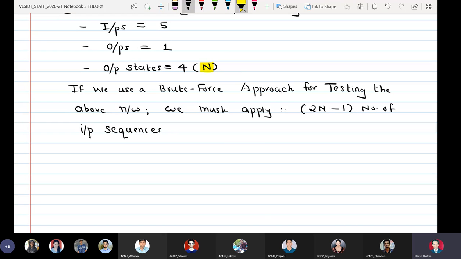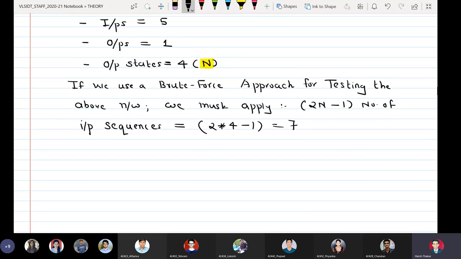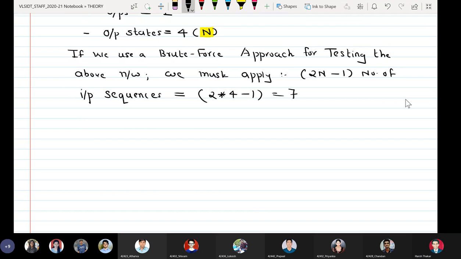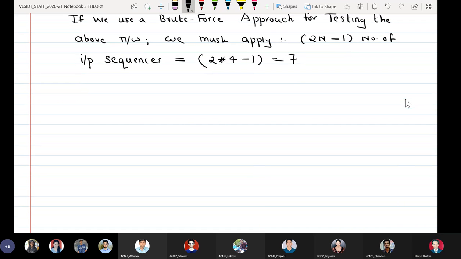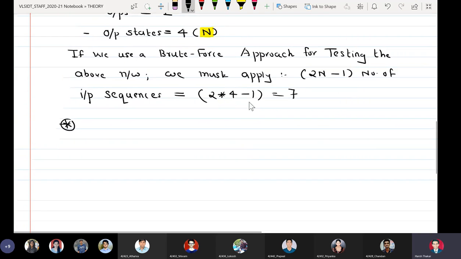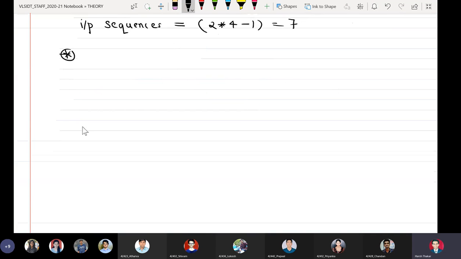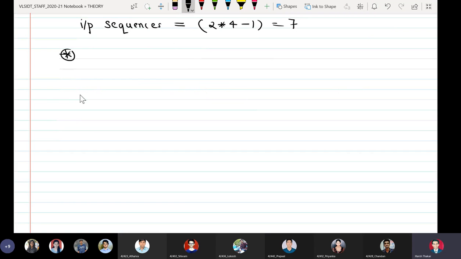So the number of input sequences is equal to 2 into 4 minus 1, equal to 7. It is very natural that because the number of inputs is 5, we can have 2 raised to 5, that is 32 combinations.